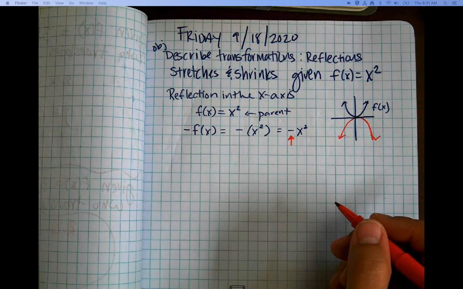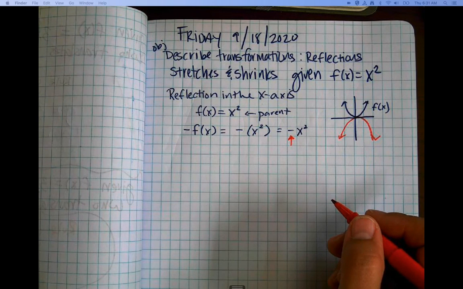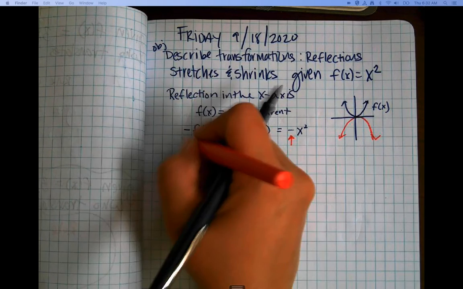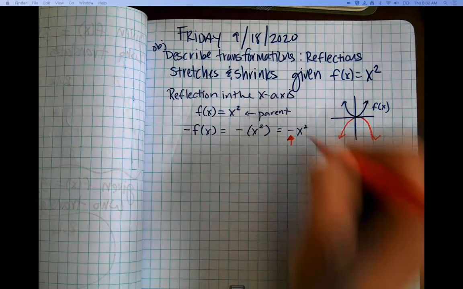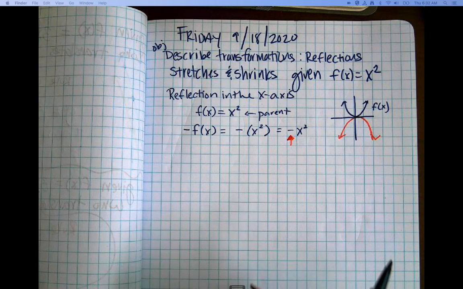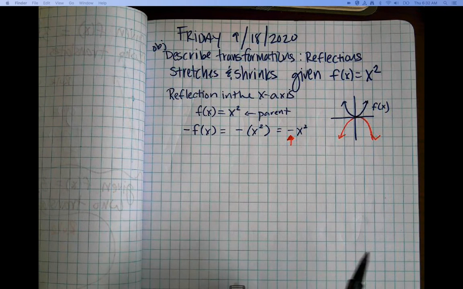So if you have a negative out front, it is below the x-axis. It's pointing down. So this negative value here indicates that there would be a reflection in the x-axis.